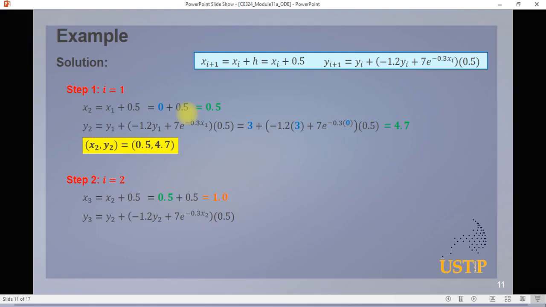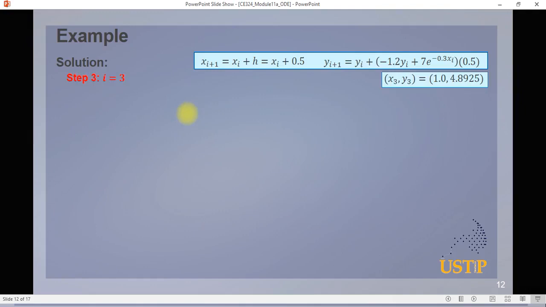Substituting the values of x2 and y2, we get 4.8925 as simplified. So in step 2, our next approximation values are x3 and y3, equal to 1.0 and 4.8925 respectively.